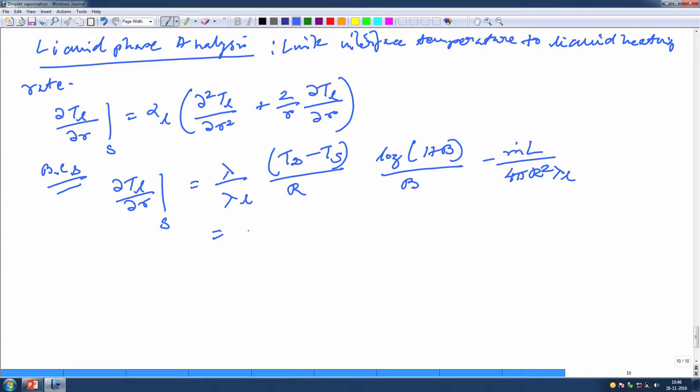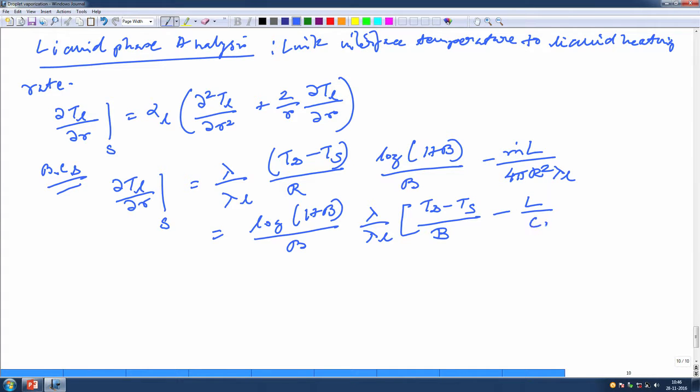That is also equal to log of 1 plus B by B. L is basically the latent heat.